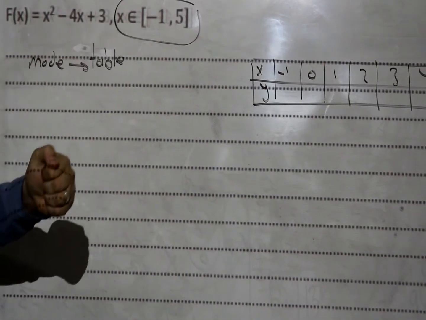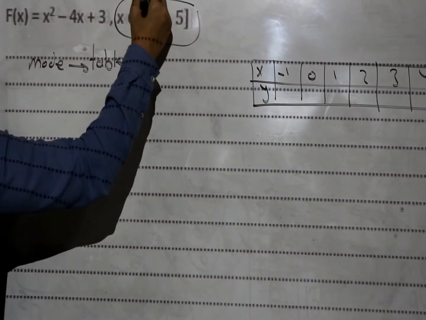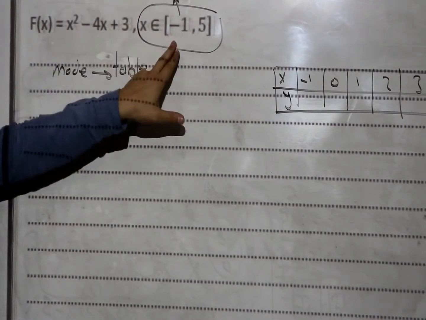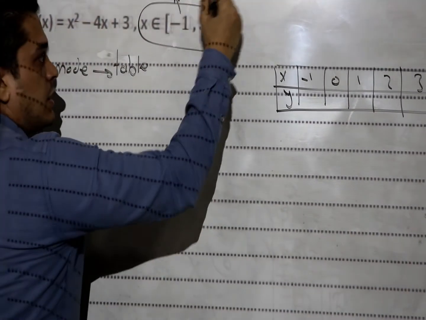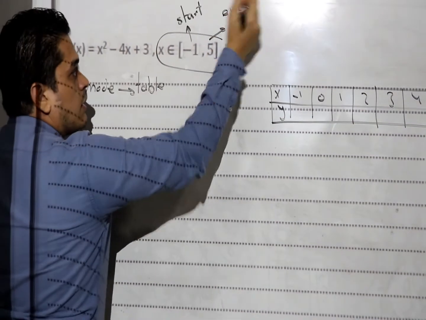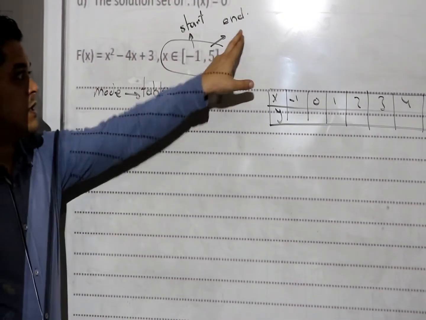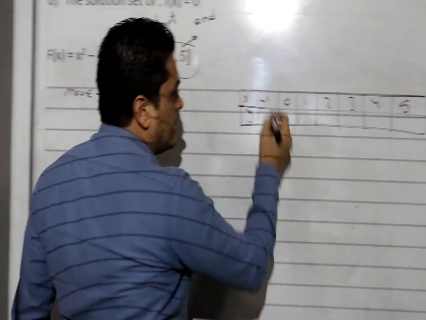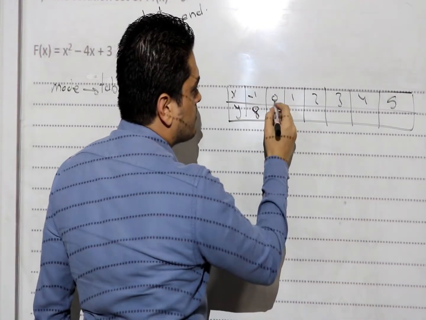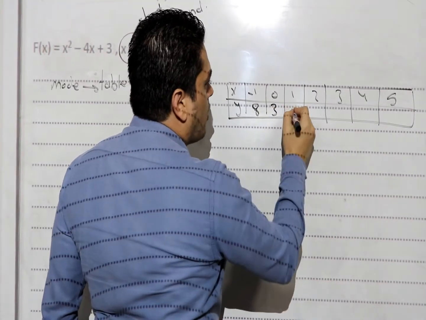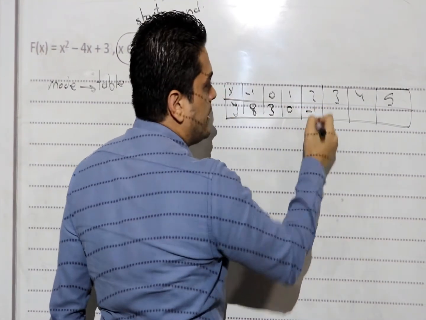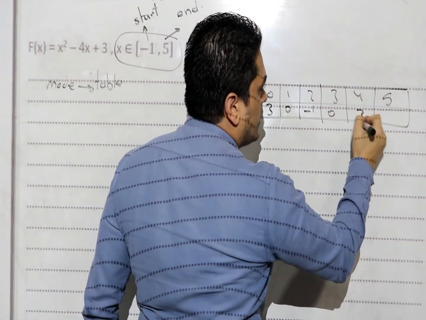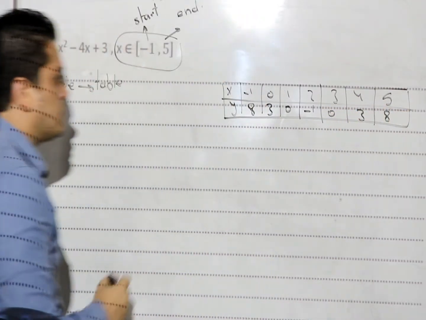After that, you have to press equals and put -1 in the start, press equals again, and press 5 equals for the end. After that, write your table. -1 it will be 8, 0 it will be 3, 1 it will be 0, 2 it will be -1, 3 it will be 0, 4 it will be 3, 5 it will be 8.